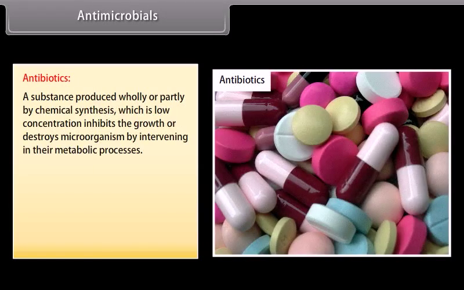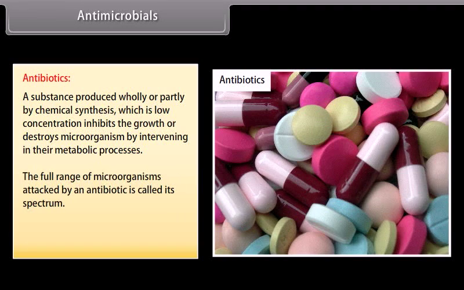A substance produced wholly or partly by chemical synthesis, which in low concentration, inhibits the growth and destroys microorganisms by intervening in their metabolic processes. For example, penicillin, ampicillin, and streptomycin. The full range of microorganisms attacked by an antibiotic is called its spectrum.